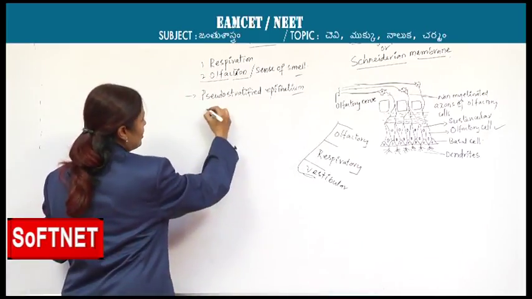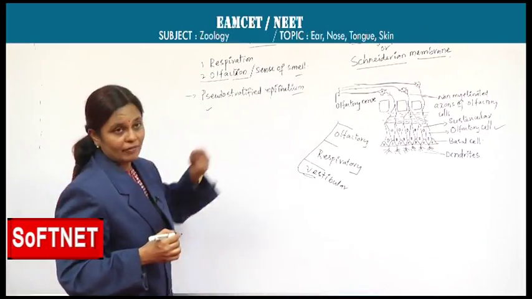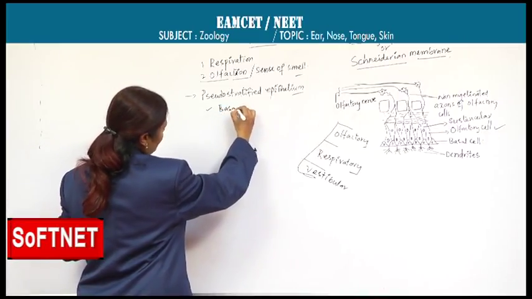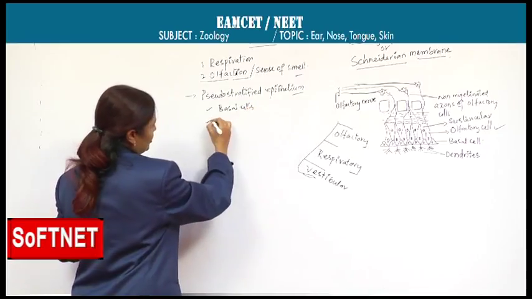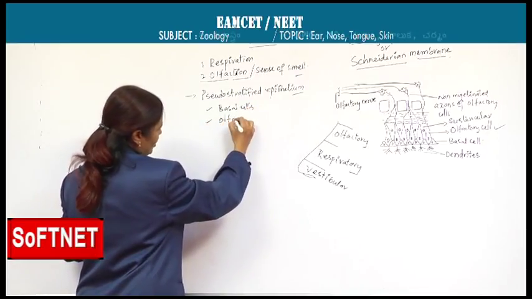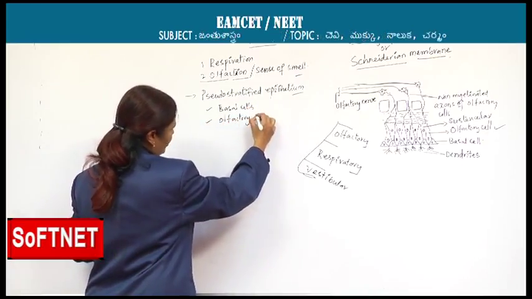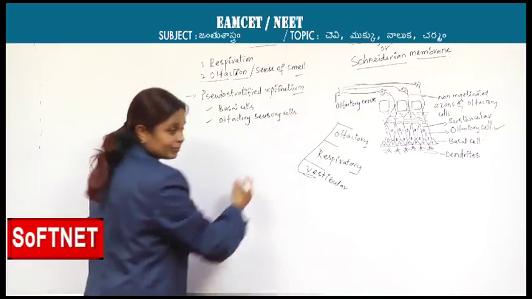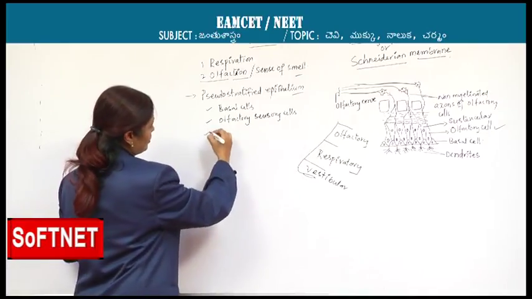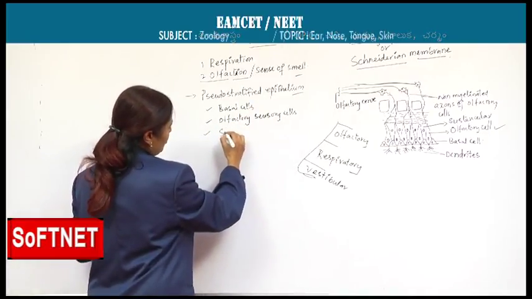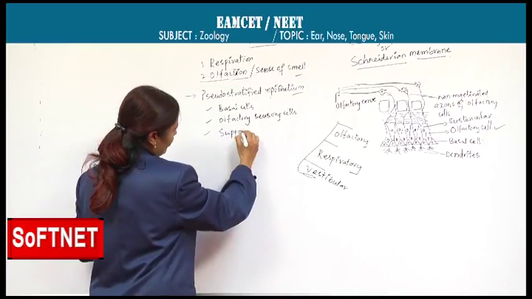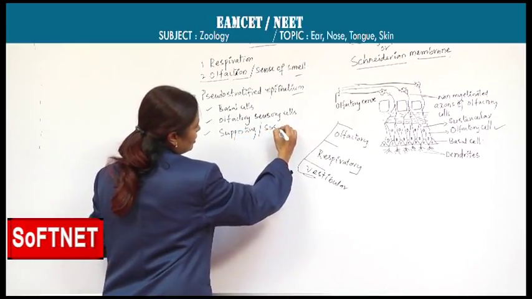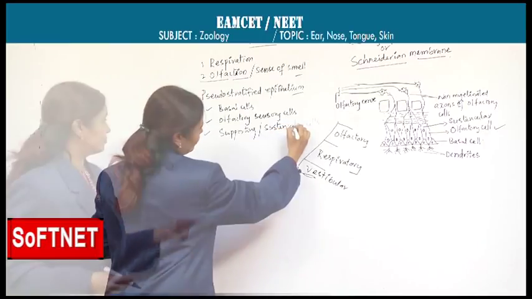So, the three types of cells in the olfactory epithelium are basal cells, olfactory sensory cells, which are nothing but sensory neurons, and supporting cells, otherwise called sustentacular cells.